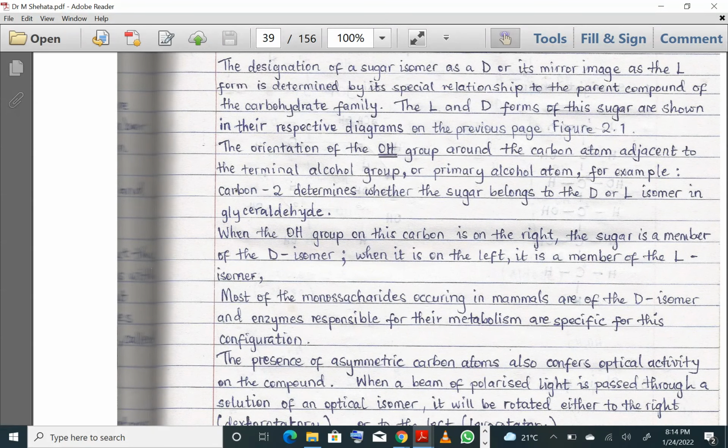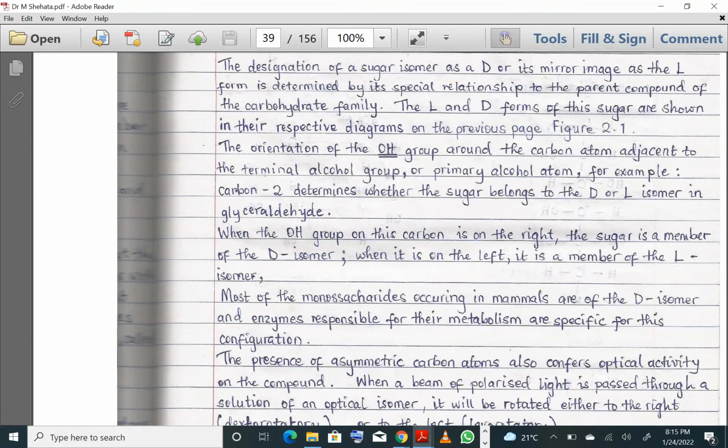Now let's talk about how you designate that this is D and this is L. What we use is the orientation, or the placement, or the position of the OH group, which is the hydroxyl group.